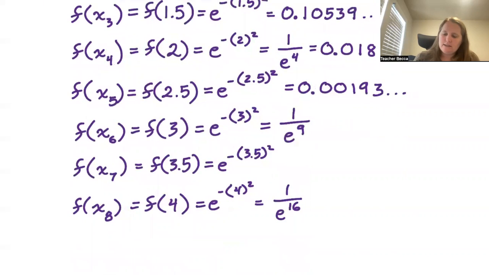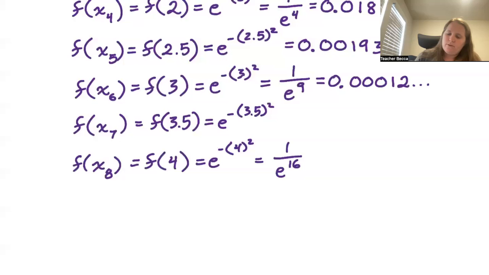f of x6, at 1 over e to the 9th, we are looking at 0.00012 and so on. For f of x7, we are looking at 0.00004, going out 6 decimal places there.